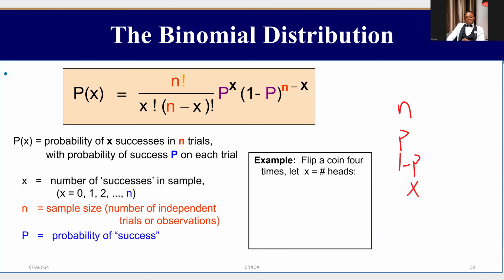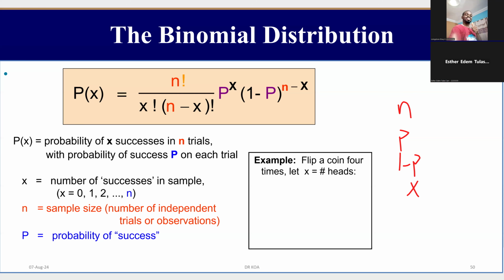Just from this statement: flip a coin 4 times, let X be the number of heads. Livingstone. N is 4.